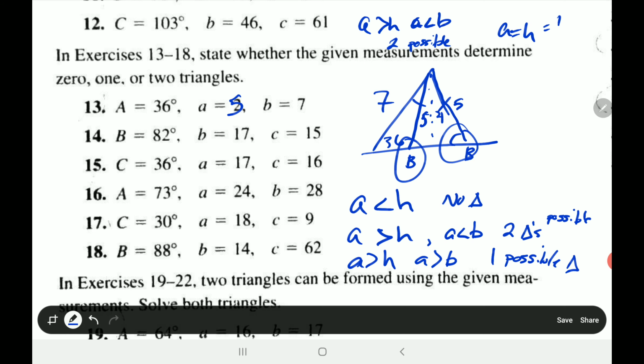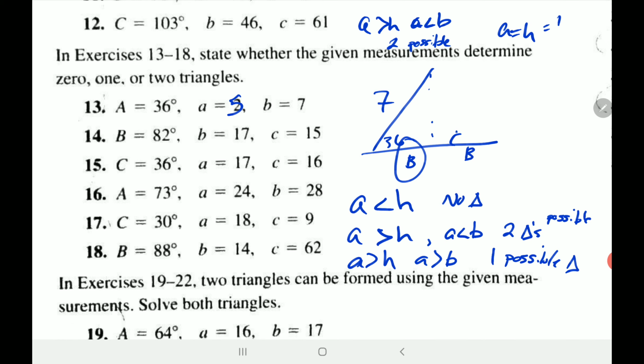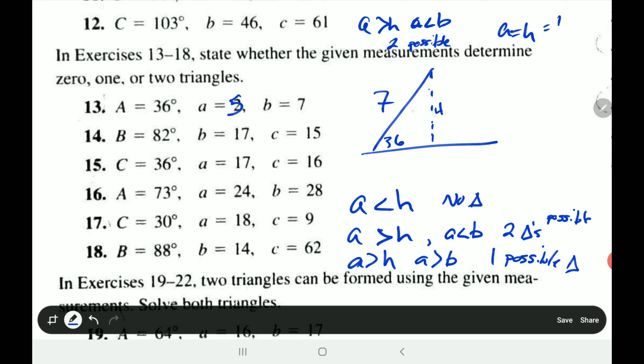Okay, and that's if something like, delete this, if A was 8, there's no way. So again, our height is 4. There's no way 8 would fit here. It wouldn't make any sense, 8 to fit right here. Okay?